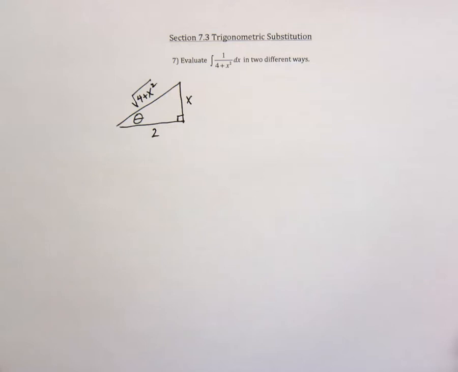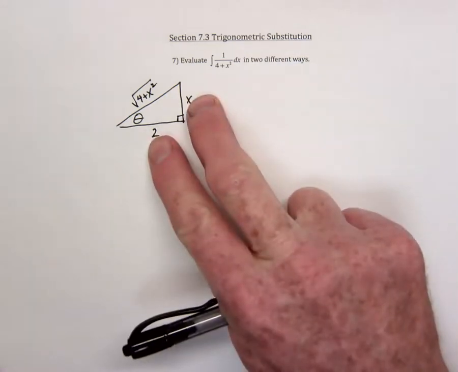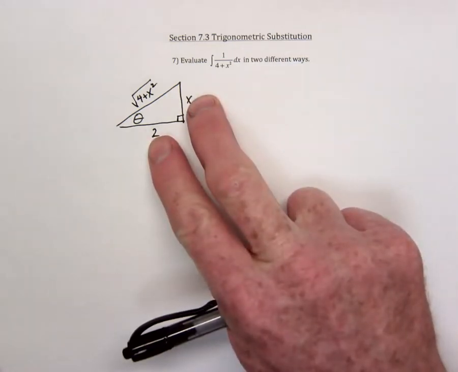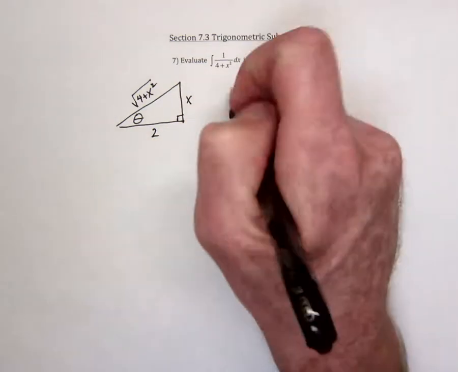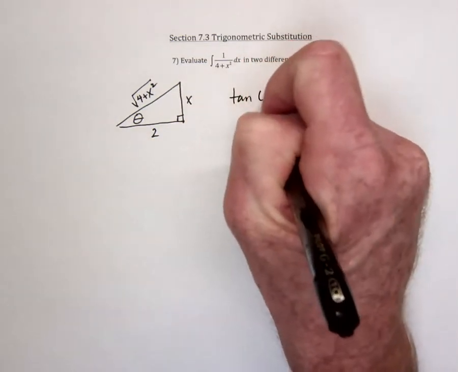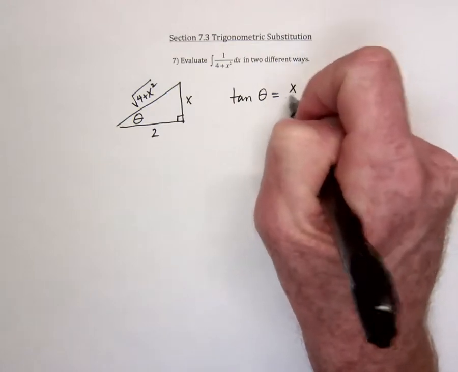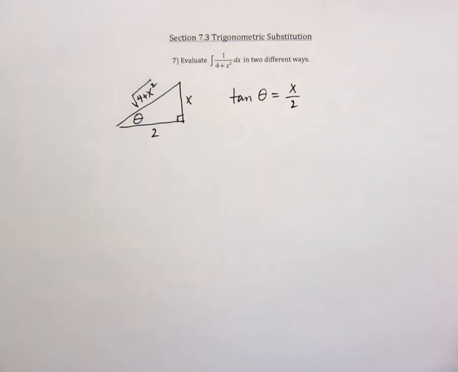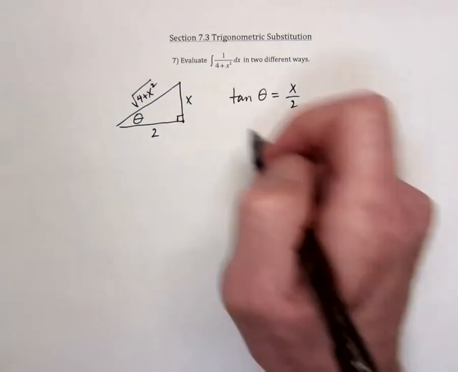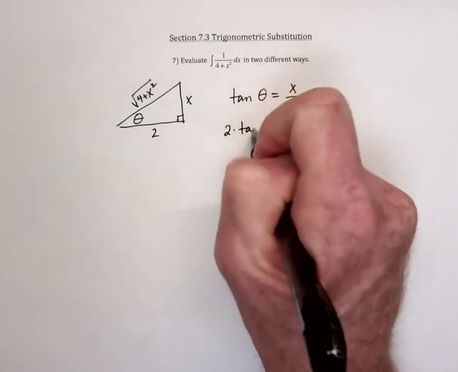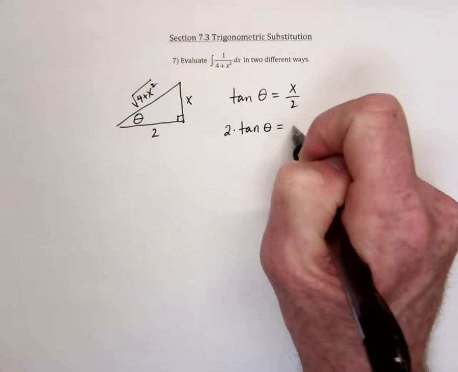Alright, now I need to find out what x is. So I'm going to use these two sides to find out what x equals. That would be tangent of theta. So tangent is opposite over adjacent. Just multiply by 2 to find out what x is equal to.